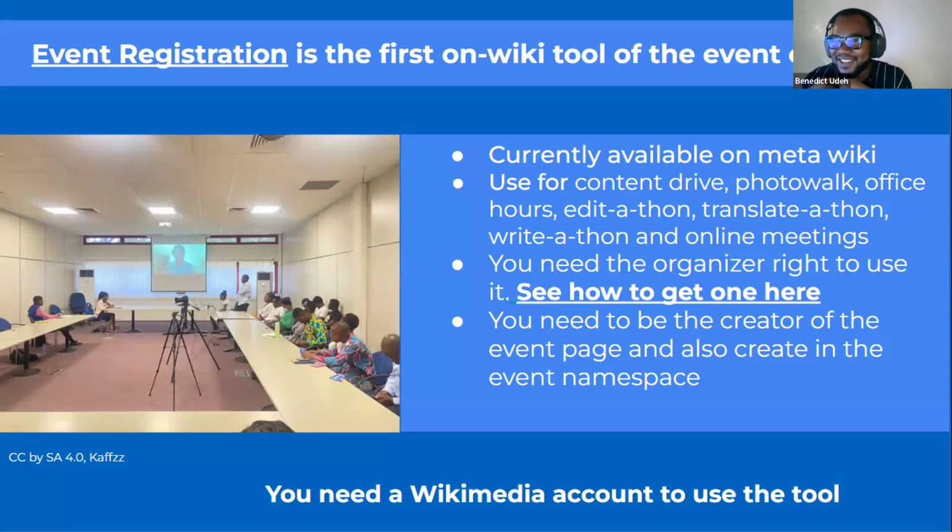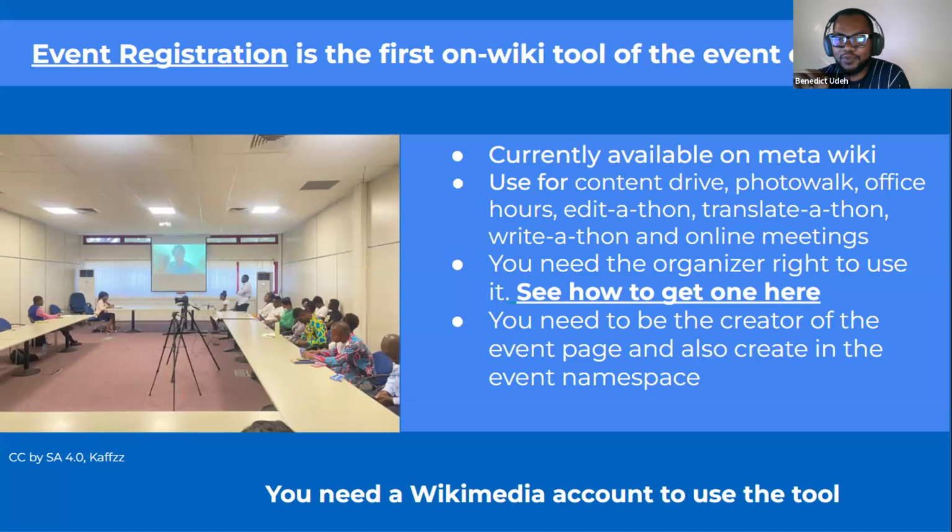For contests and editathons, you would probably also be sending your potential participants to an outreach dashboard to register. So at the end of the day, your interested participants might be going to two or three places just to register for that particular event.